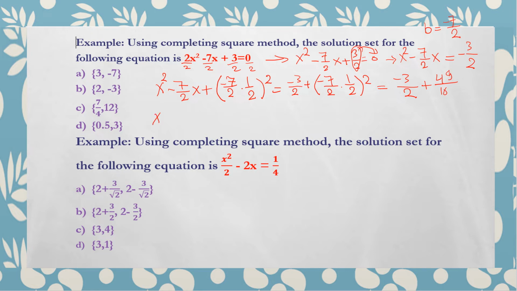Again, x squared minus 7 over 2 x plus minus 7 over 4 squared equals, sorry, 25 over 16, or 5 by 4. 25 over 16.